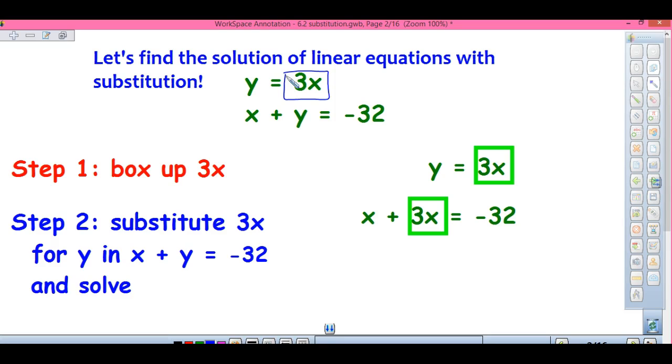Okay? And what equals 3x? Y. So we can plug this in for y. So I'm going to take this y and I'm going to make it 3x. Okay, we're substituting it in for y.